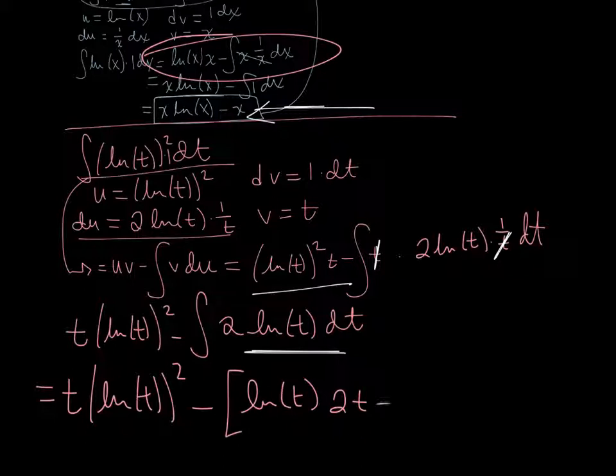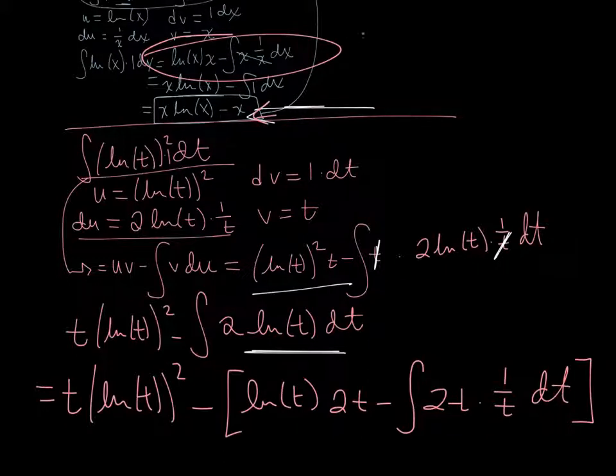And then minus my integral, 2t times 1 over t dt. You probably could have skipped a step and just written this out, but I'm going back up here, so that's where I'm getting ln of t. In my case, I don't have just a t, I have a 2t because of the 2 being multiplied out front. And then I also have the integral piece, the 2t times 1 over t dt.